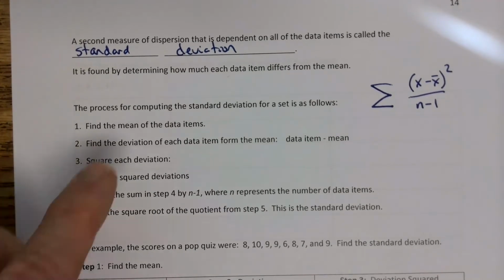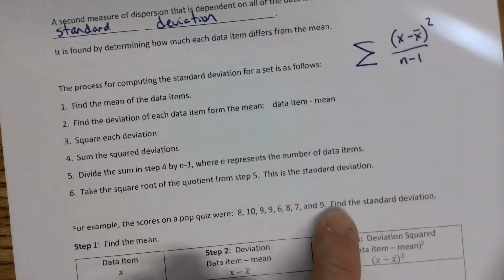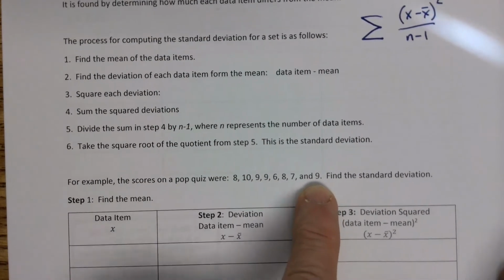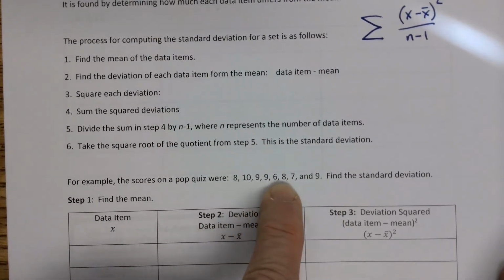So here we go. Here are our pop test scores: 8, 10, 9, 9, 6, 8, 7, 9.